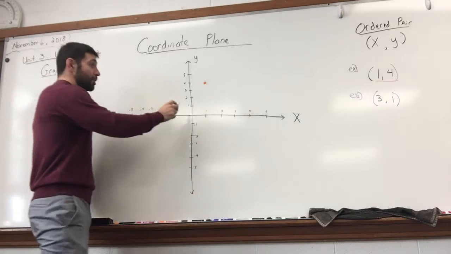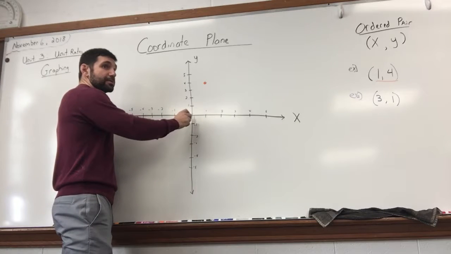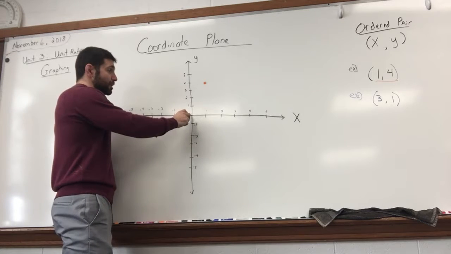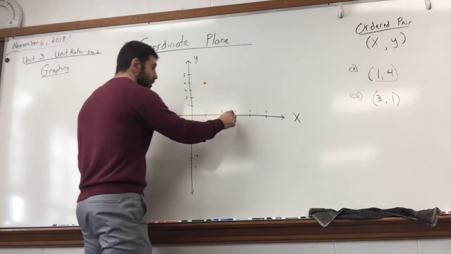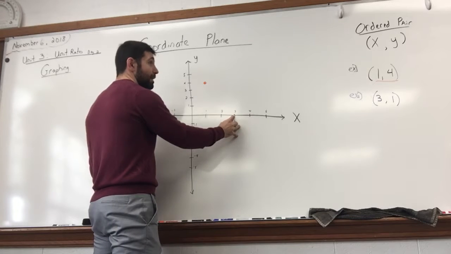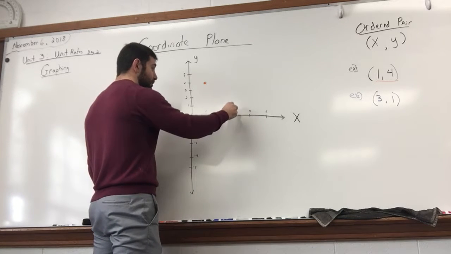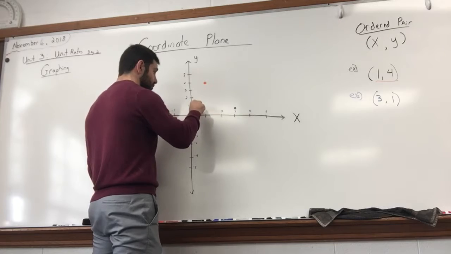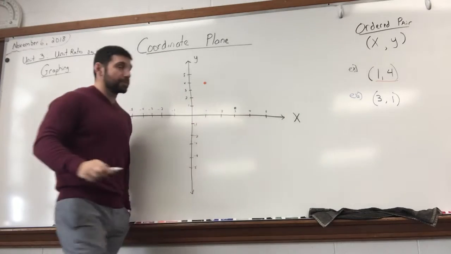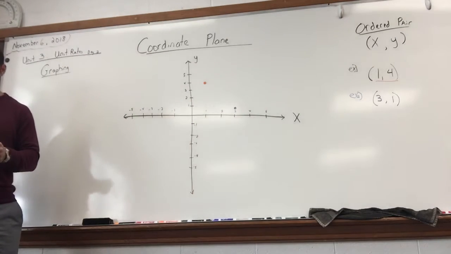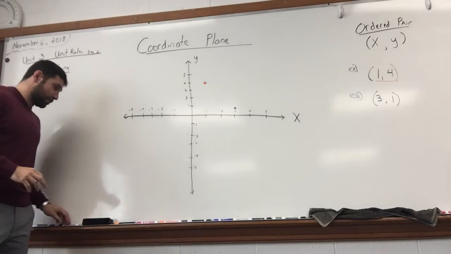X. So we start at, what's this point called? Carly. Origin. We deal with the x first. We go over 1, 2, 3, and we leave our pencil tip there. And then the y is up 1.